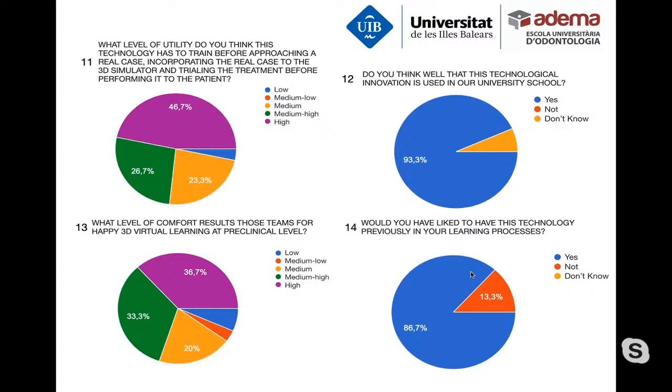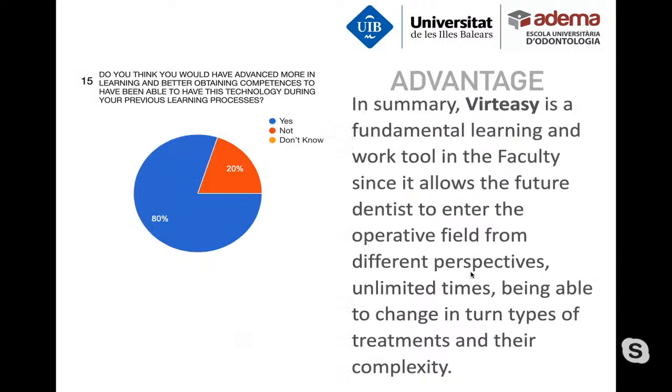And whether they think it is good that this technology innovation is used for the university school, they are very, very great. It is also very interesting for the learning process. And the last one, whether they obtained competence from having this technology during their previous learning process, a great group of people say yes.